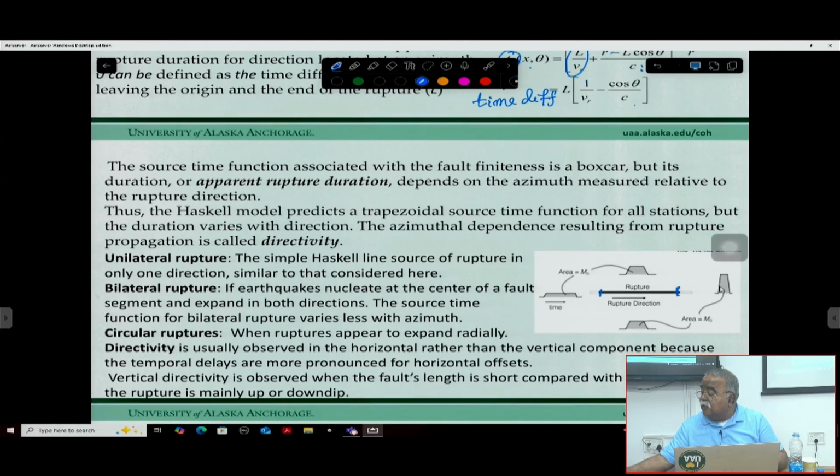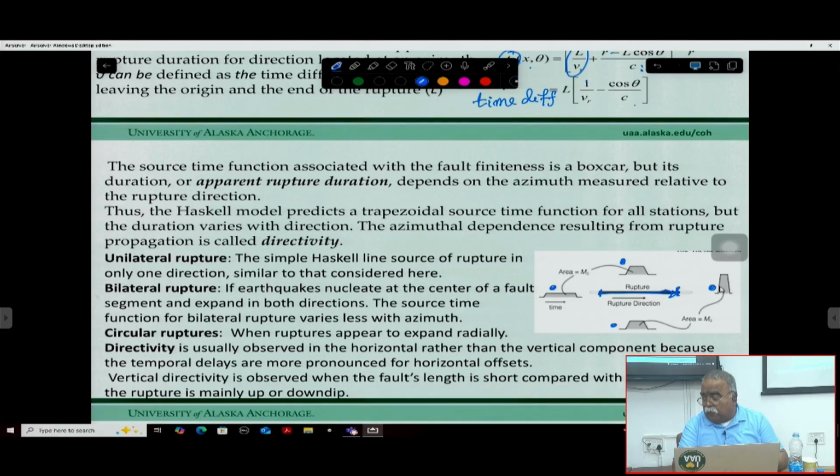On this fault, the rupture took place, and the rupture is propagating towards this side, right? Imagine you have four stations. One station is located on this side, one on this side, one on this side, and another station on that side, right? So these are the four stations.